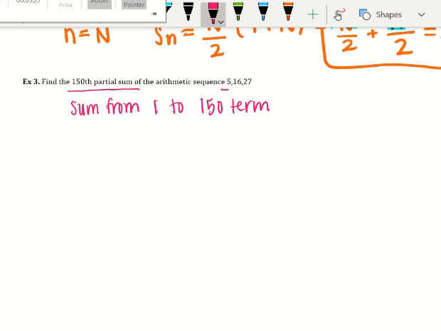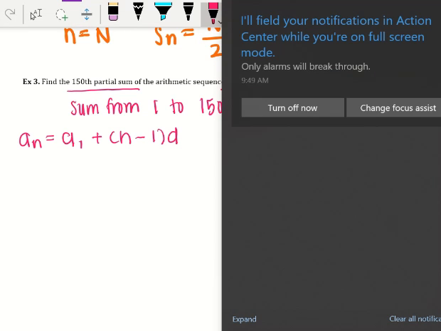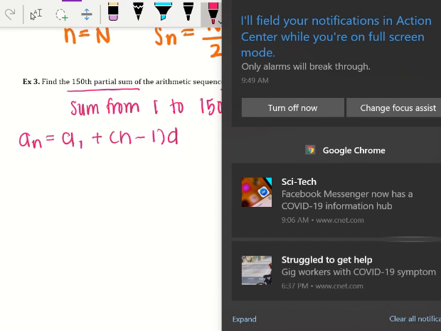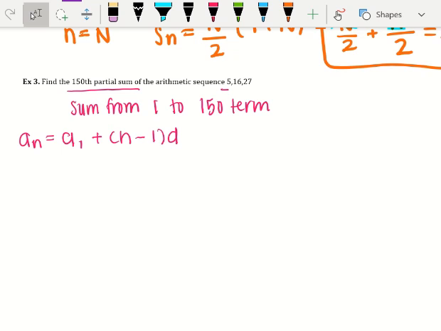So we could find that by finding the formula here. The formula of an arithmetic sequence from the previous section was a1 plus n minus 1 times d. So then d here is going to be 11, because you have to add 11 to 5 to get 16, and to 16 you have to add 11 to get 27.